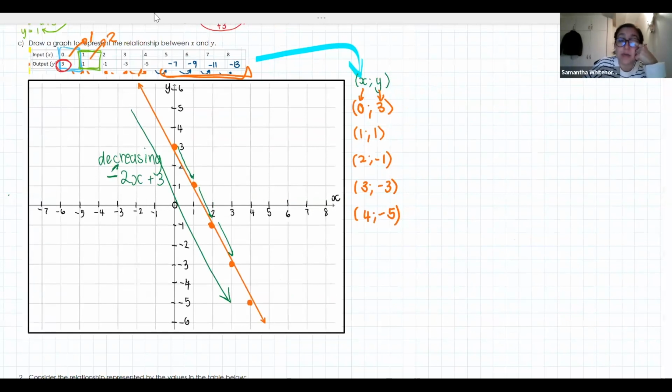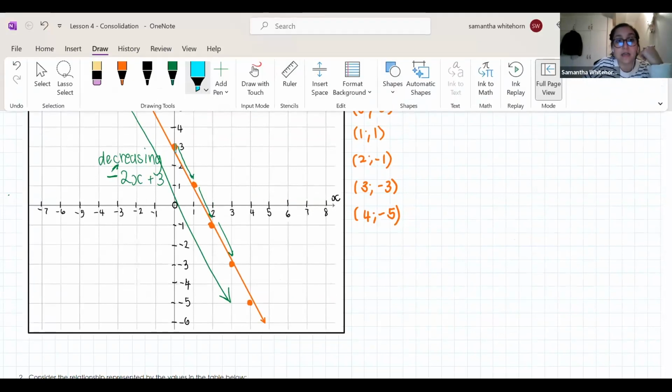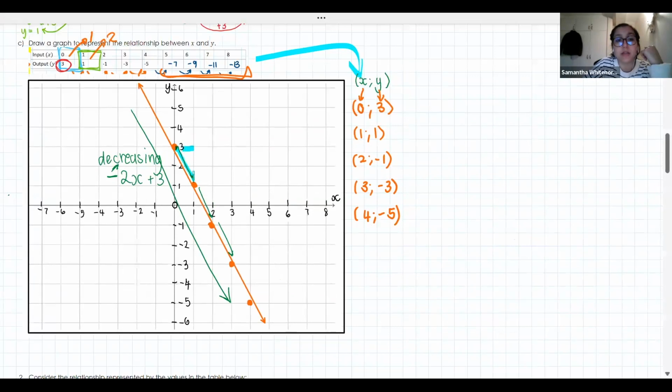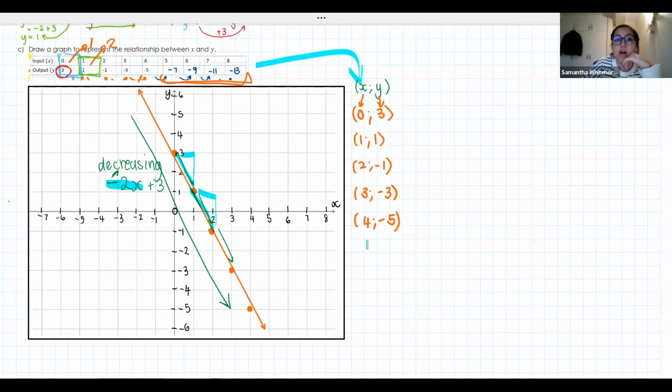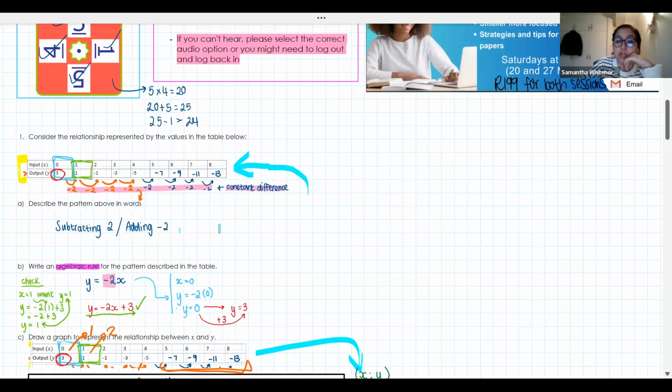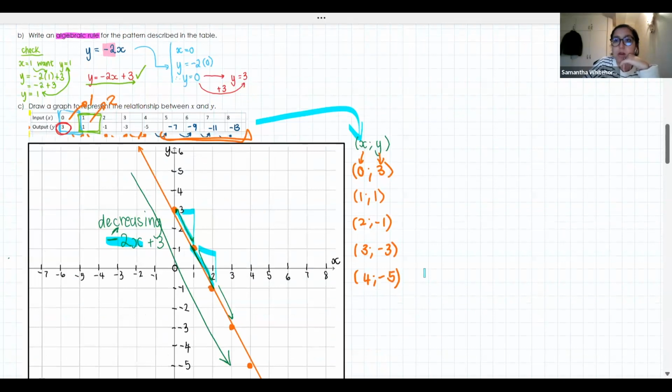I know that it is decreasing by 2 each time because from point to point, I'm decreasing by 2 blocks. So that's where that minus 2x is coming from. We need to be able to look at a graph and understand the relationship. It's very rare that we ask you to take a graph and describe it in words. More often than not, we give you a table, we give you a pattern, and we ask you to describe that pattern in words, not really a graph.